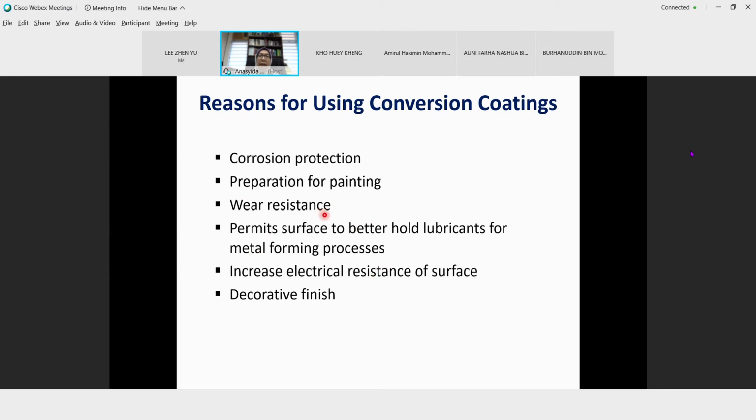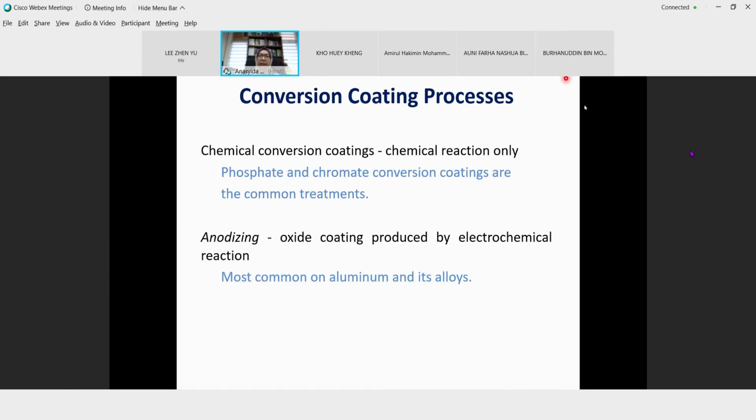So we can use conversion coating to promote a better surface finish. We can also increase the electrical resistance of the surface, and also for decorative purposes, for the appearance of the part.